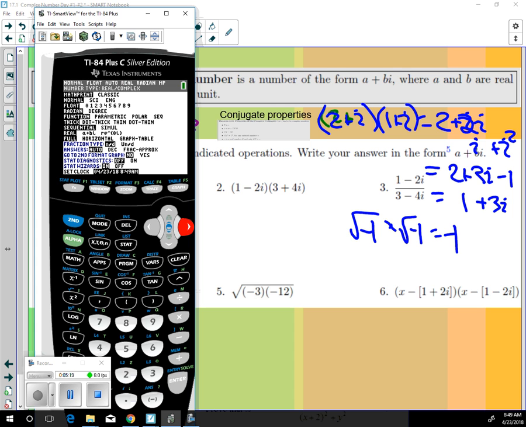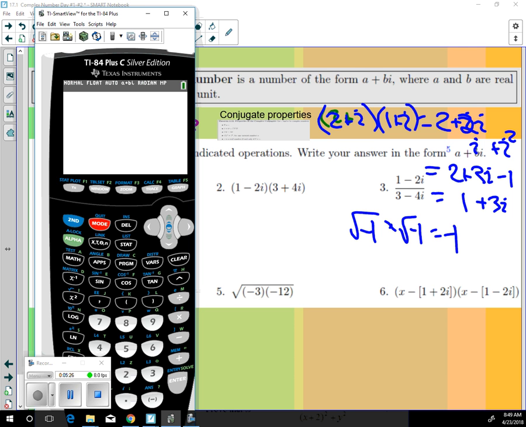When you hit that, enter, and then second quit, I'm going to be able to multiply things out. I'm going to be able to take 2 plus i, and I think i is second decimal. Second decimal is correct. And then I'm going to multiply it by 1 plus i.